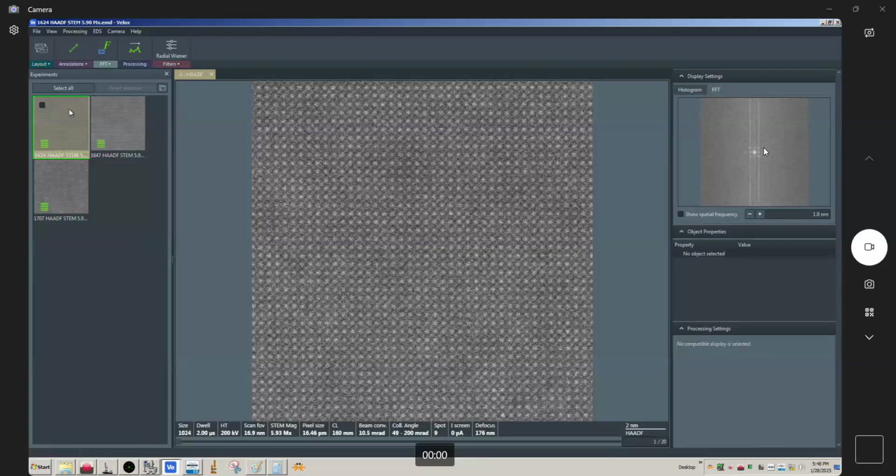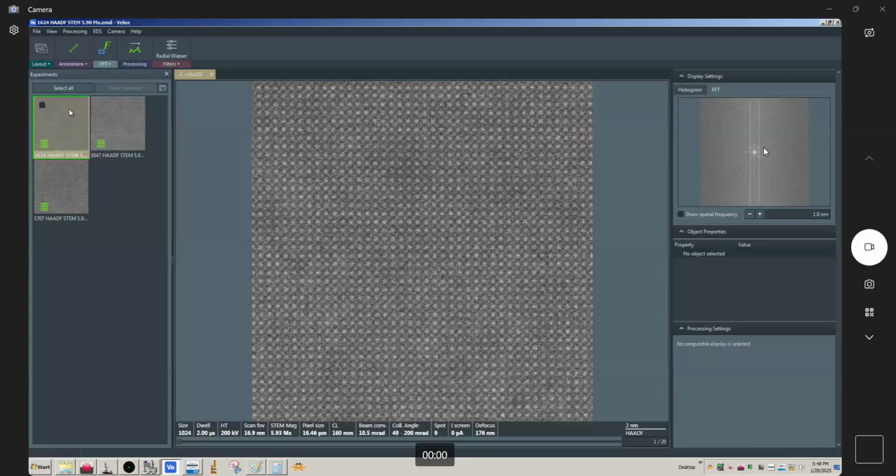So when Velox does frame integration, it is looking for detail in the picture in order to add the frames together. So right off the bat, if you don't have the advantage of CS correction, you're not going to have as much detail, and that immediately is going to put you in a hole, okay?